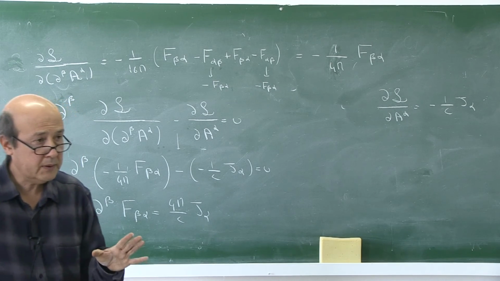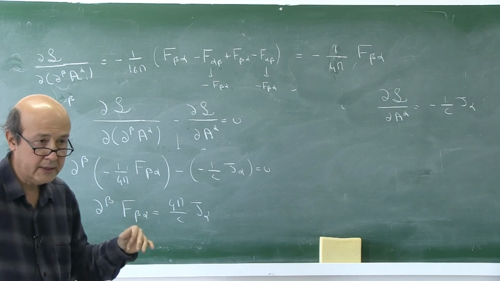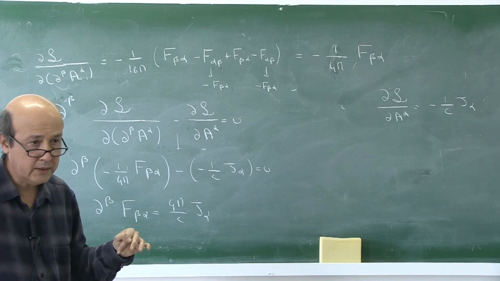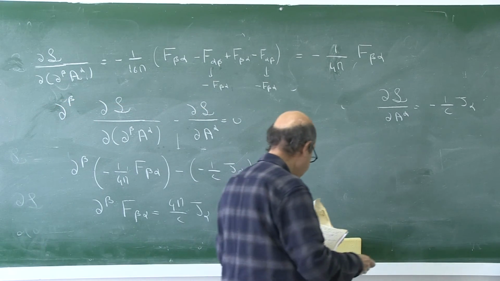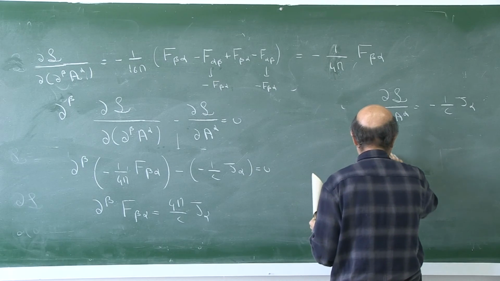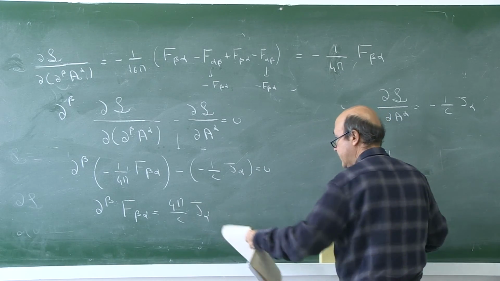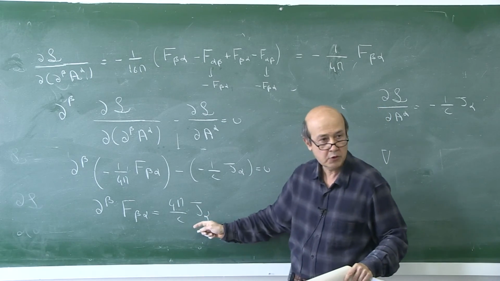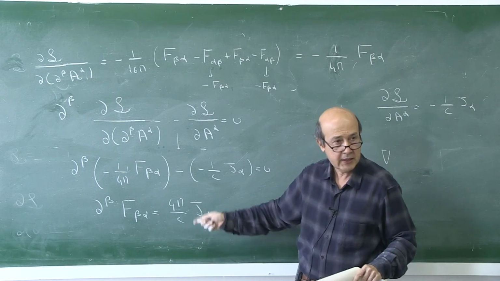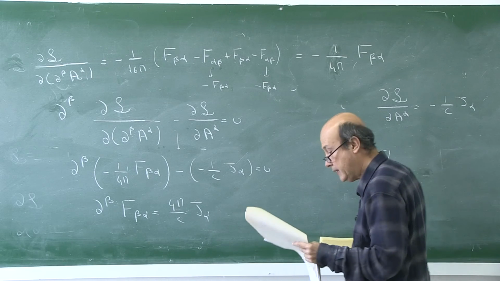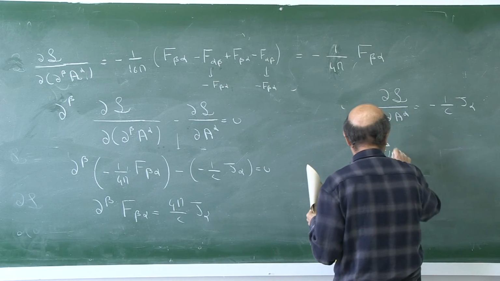Now, what happens to the other set? What was the other set of the Maxwell's equations? These are representing the Maxwell's equations with the sources. J0 is the charge density, J is the current density. But you have the other set.